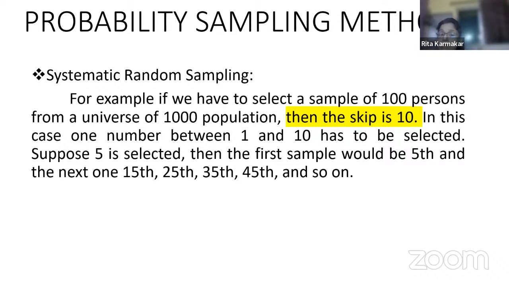It's not like that. I'm saying the 5th individual there in that population, he or she would be selected as a sample. Now, as this skip interval is 10, every 10th one: the 15th, 25th, 35th, 45th, and so on and so forth.